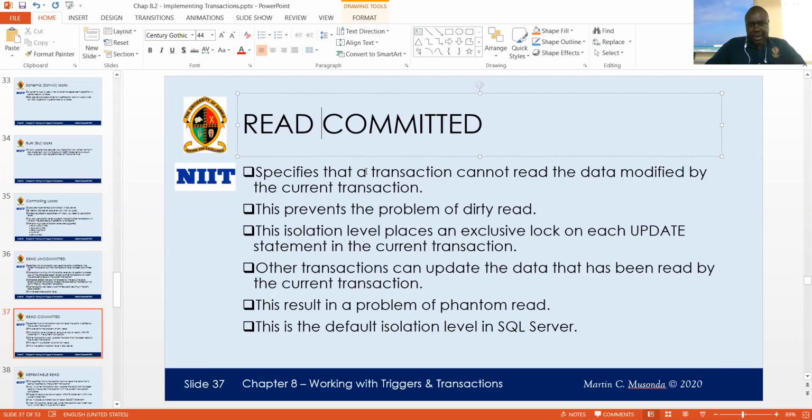Other transactions can update the data that has been read by the current transaction. This is the difference. And this is, I think, the case we had when I was illustrating that.